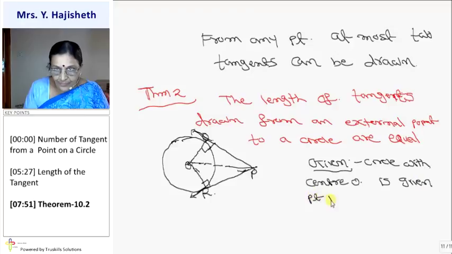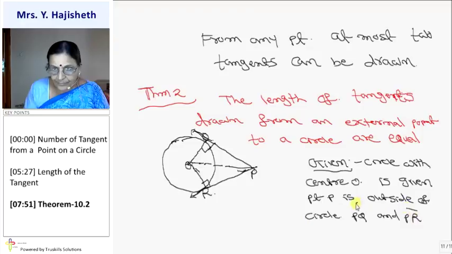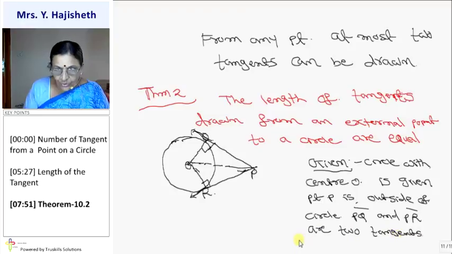Point P is outside of the circle, and PQ and PR are two tangents drawn from point P to the circle. Clear? This is my given data.